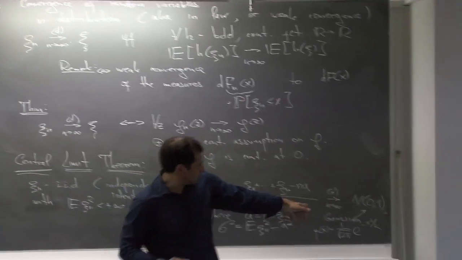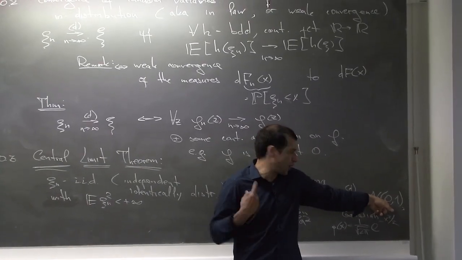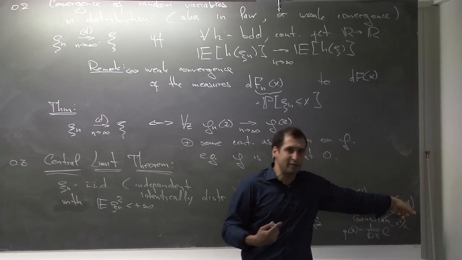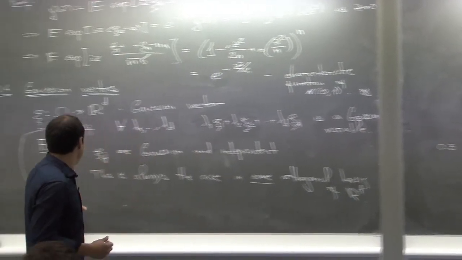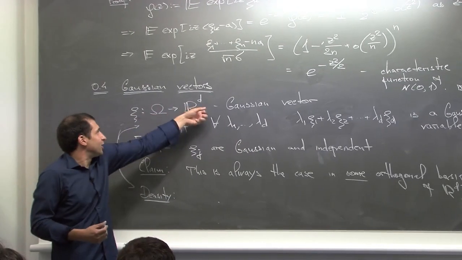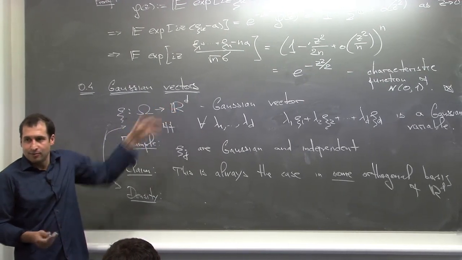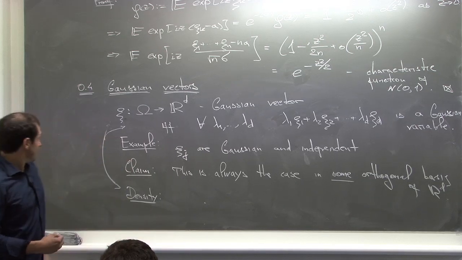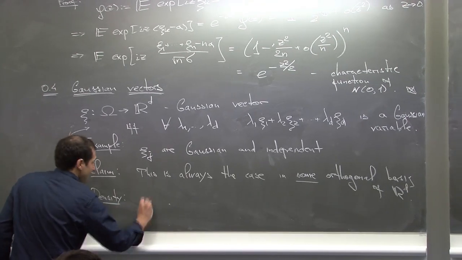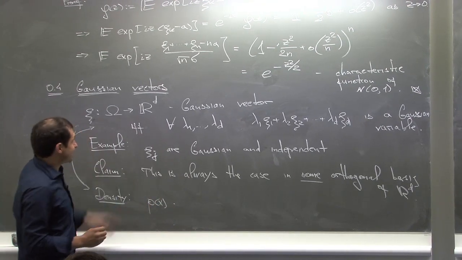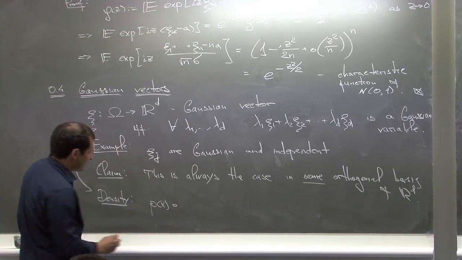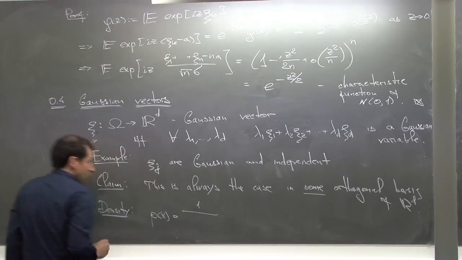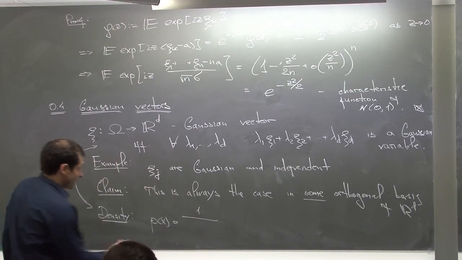In the scalar case, we had just one number, which is the mean value, and the other number, which is the variance. And in this case, the mean value must be a vector in R^d, because all the values are there. We also need some replacement for the variance, and the natural replacement is a d by d matrix.